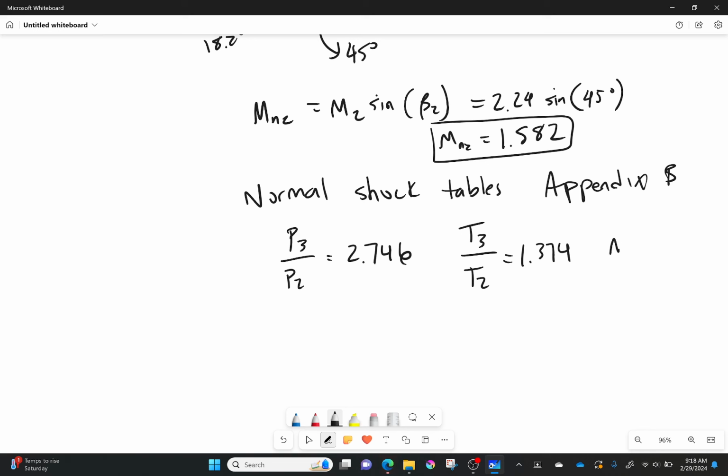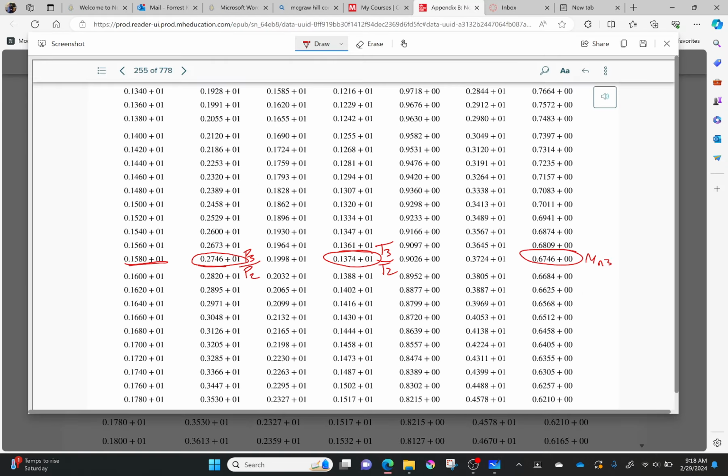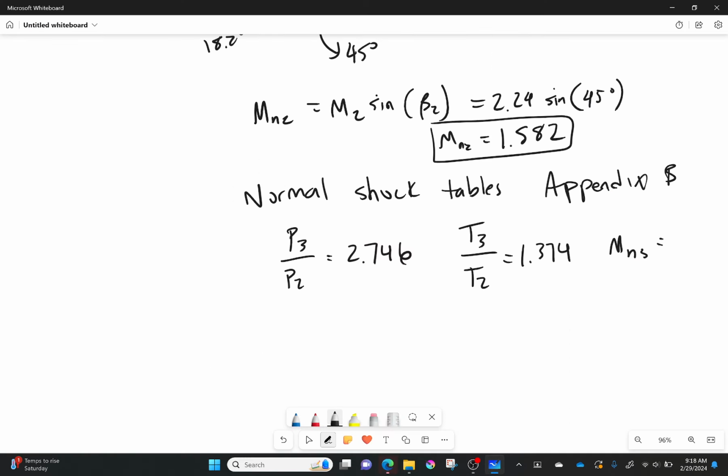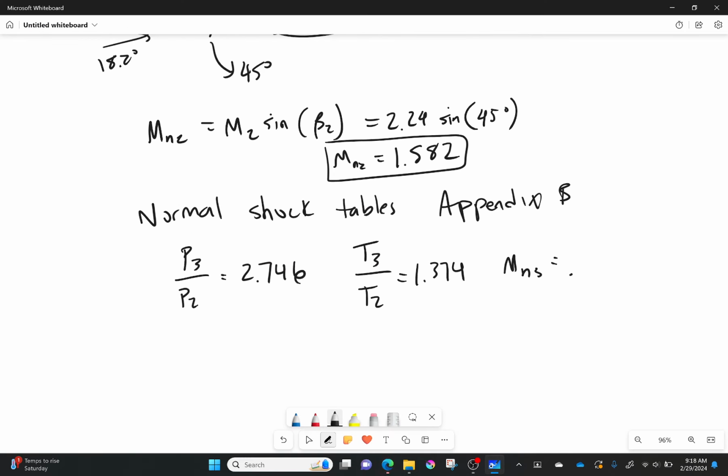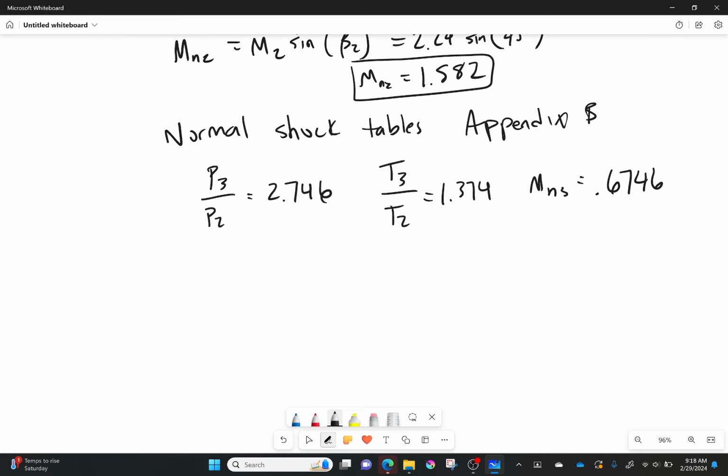Beautiful. And our MN3 is going to be equal to 0.6746. There we go. We got our information from the normal shock tables. That's all going to be helpful.